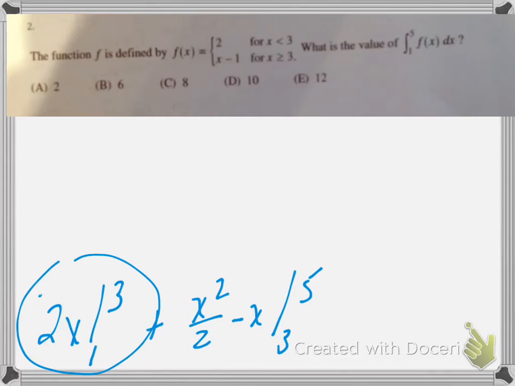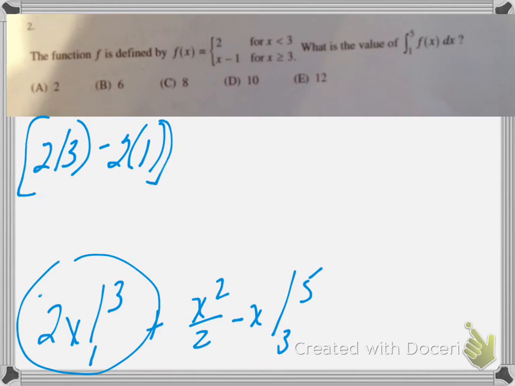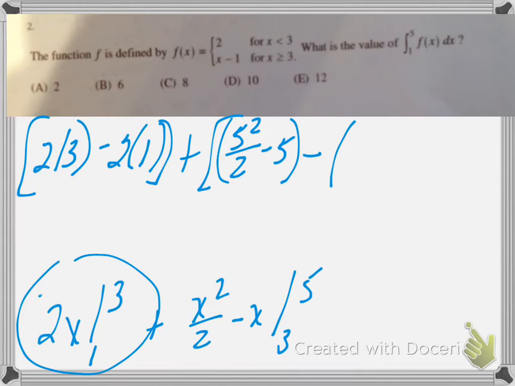So first I'm going to put 3 in there. So we're going to get 2 times 3. And then we're going to put 1. So that's going to be my first piece. And then plus, okay, I'm going to put 5 in there first. So we get that. Minus. I'm going to put 3 in there. That's the second part.